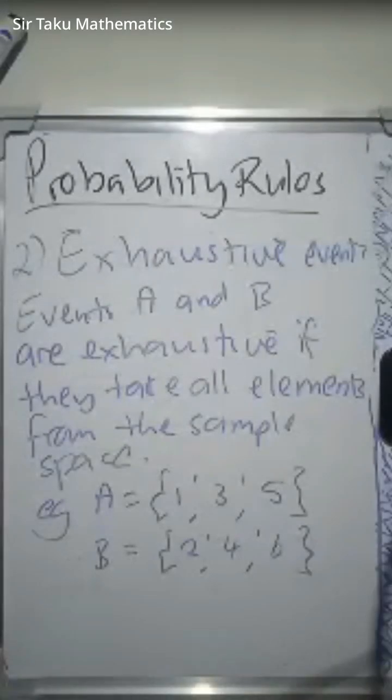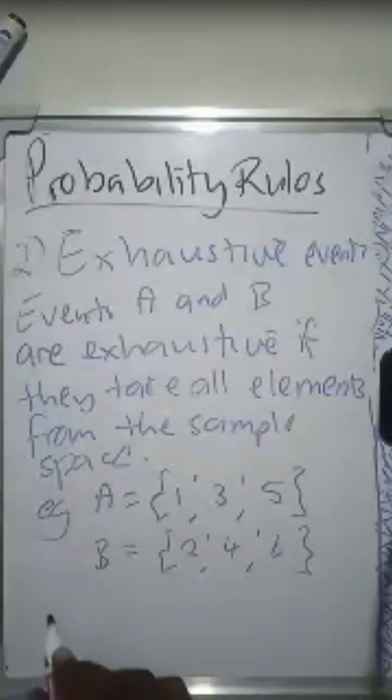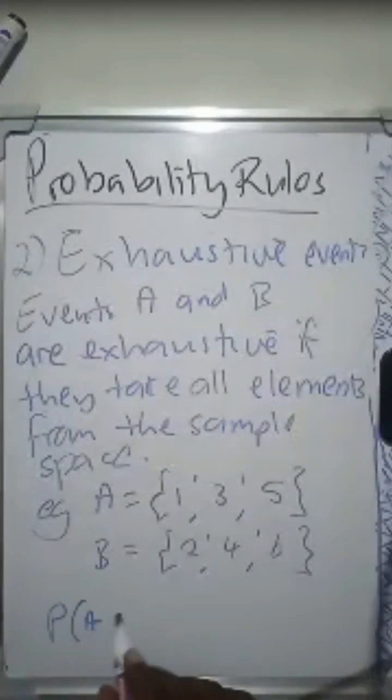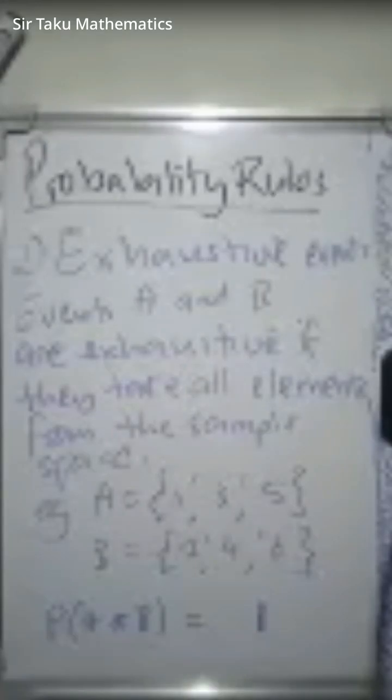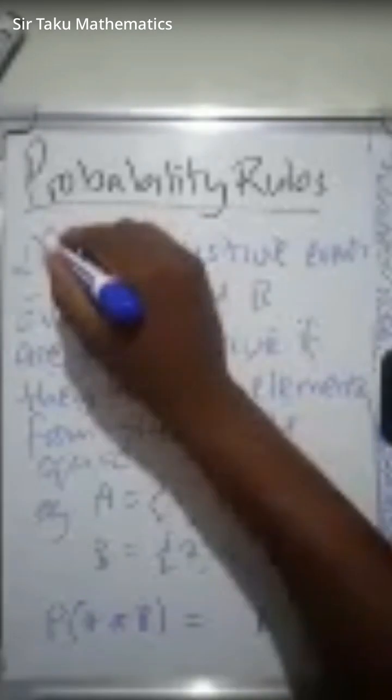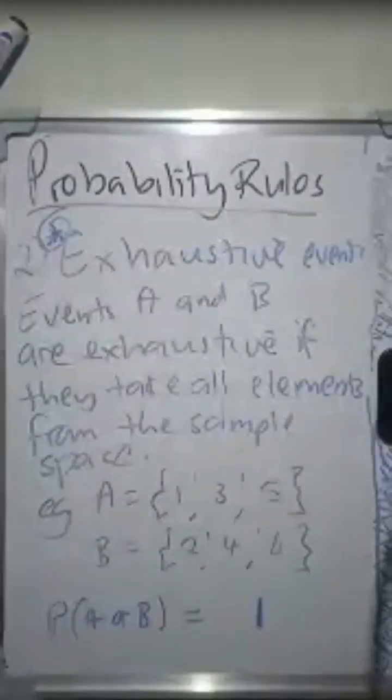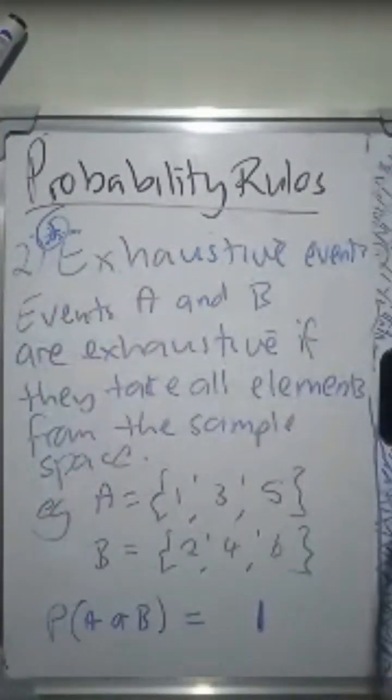Therefore, for exhaustive events, probability of A or B is equal to 1. Okay? So on a question, if they talk about exhaustive events and say A and B are exhaustive events, just know that the probability of their union is equal to 1.